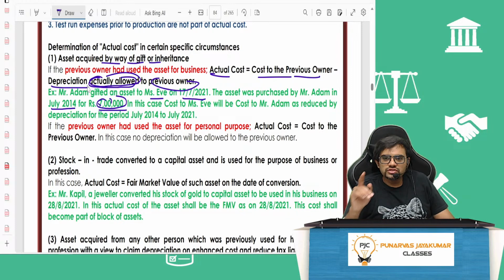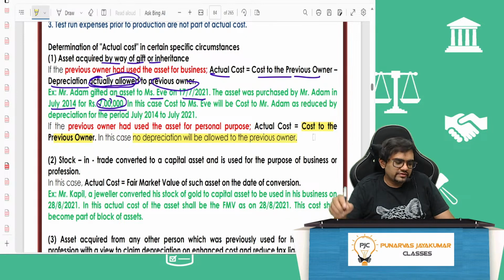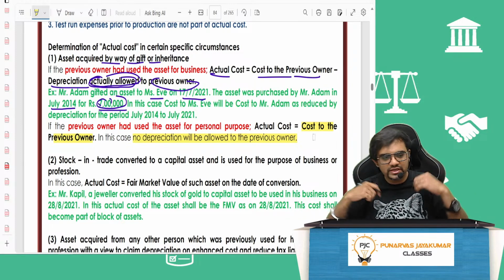So if Adam was using it for personal purposes, gives it to Eve, and Eve brings it into business, the actual cost will be the cost to the previous owner, because no depreciation was ever allowed to the previous owner. That's the reason why. Very, very simple.